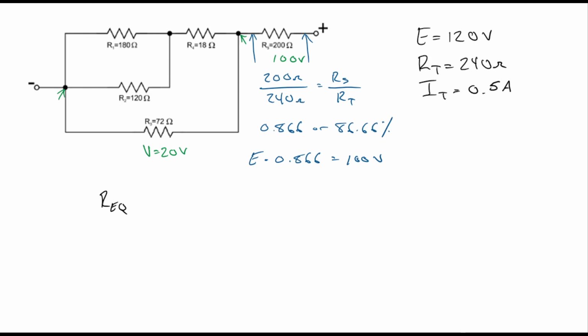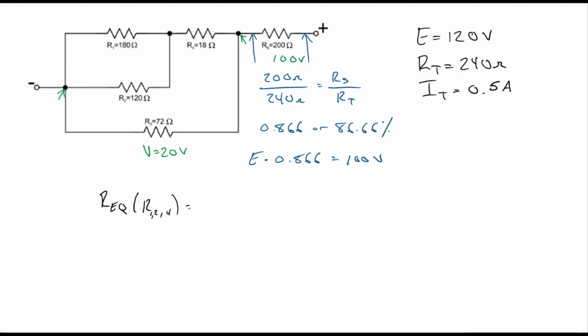When I did it for R1, 2, and 4, when I added 2 and 2 inversely with 18, and then added that directly with 18, I got that as 90 ohms.